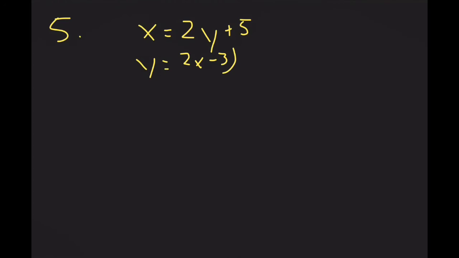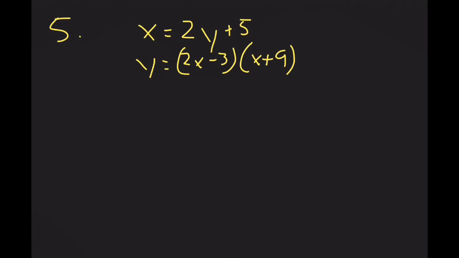In our next problem, it's going to be a little bit tricky, but we'll go through it together. It's going to be a system of equations. x equals 2y plus 5, and the second equation is y equals 2x minus 3 times x plus 9.